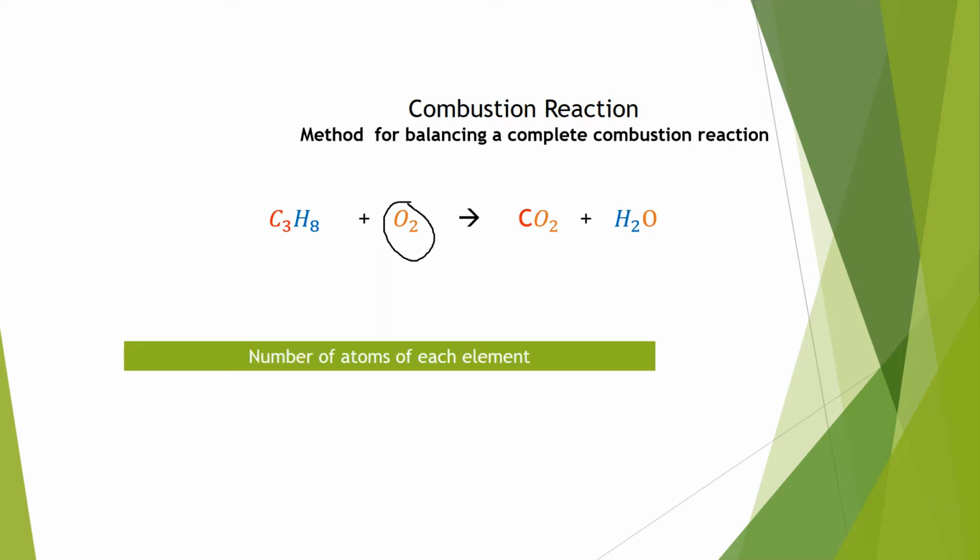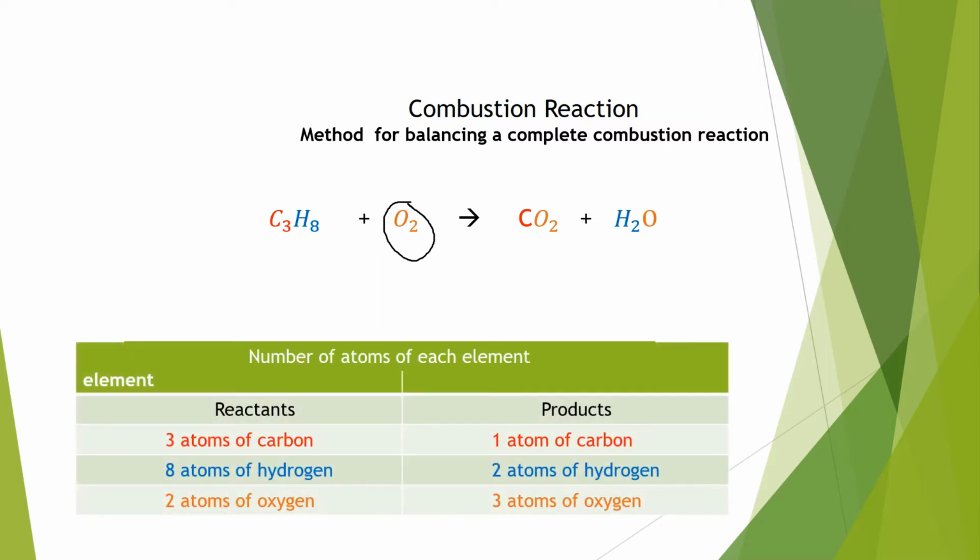The first step is we must count the number of atoms of each element in the reactants and in the products. Okay, I have 3 atoms of carbon in the reactant and I have 1 atom of carbon in the product.